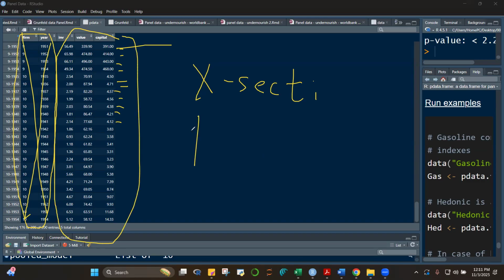Pooled OLS disregards the time component and the individual component, and just takes a look at it as cross-sectional data.